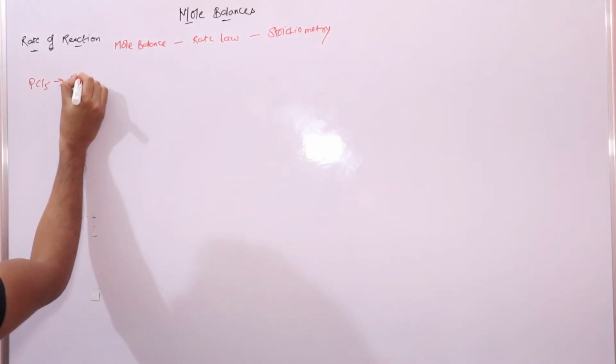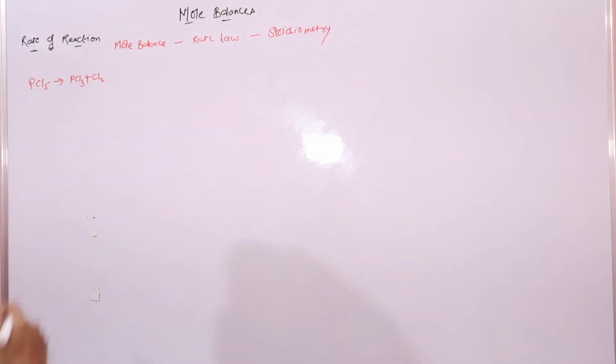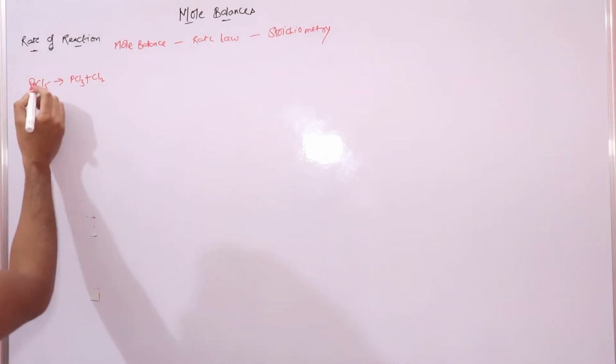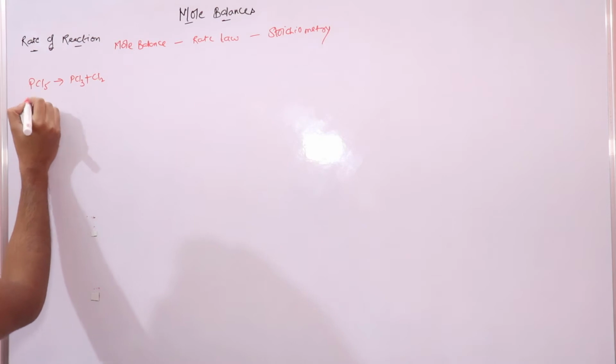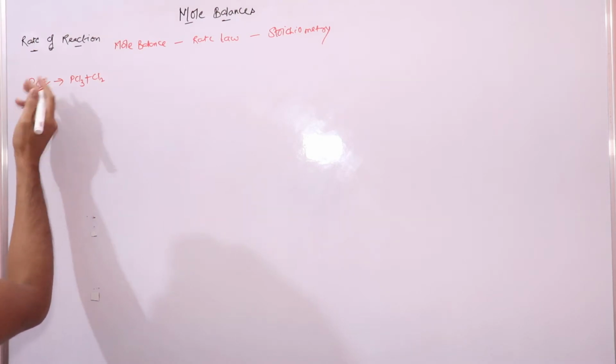Dissociation of PCl5, phosphorus pentachloride, into phosphorus trichloride and chlorine, where the stoichiometric coefficient is minus 1 upon, it's only 1.